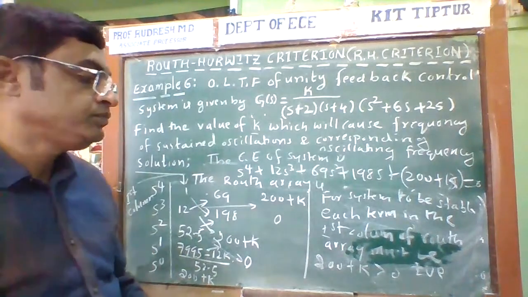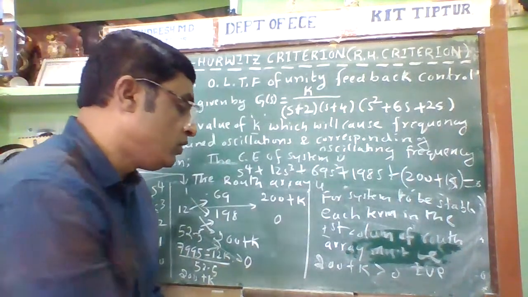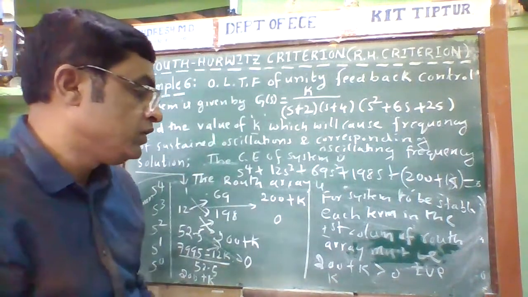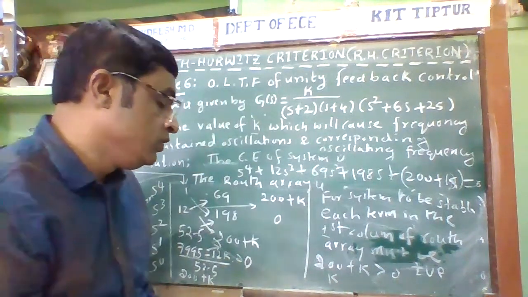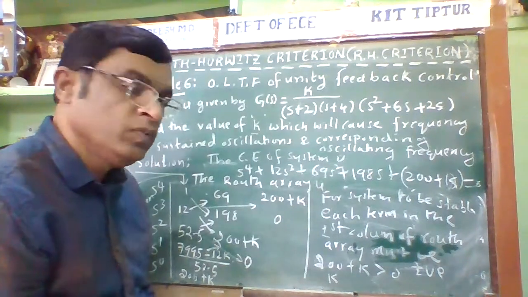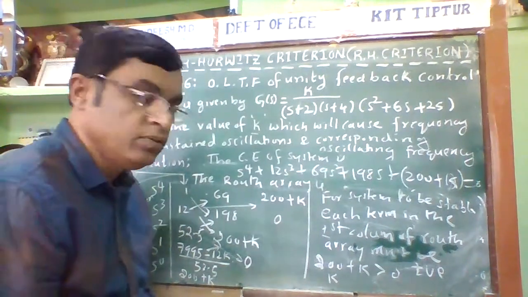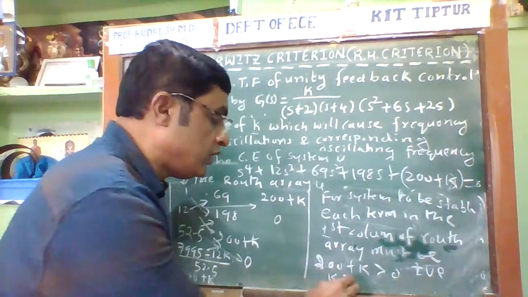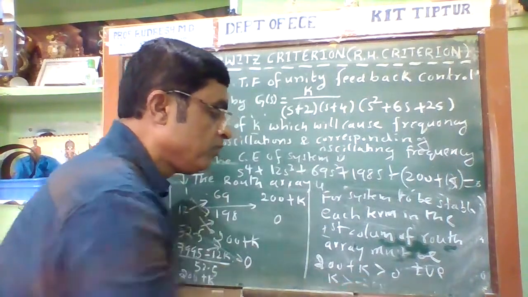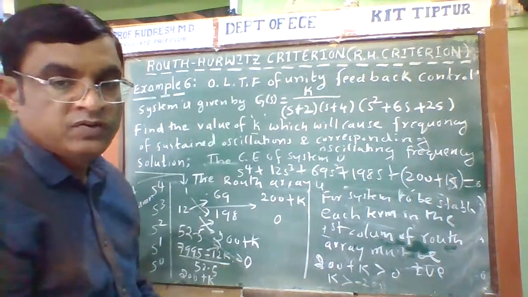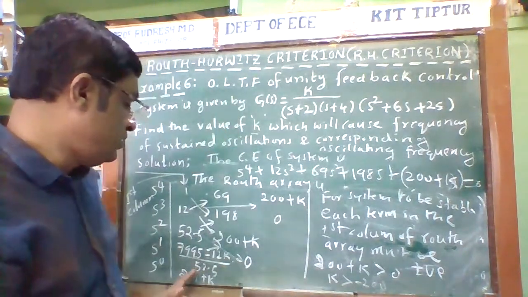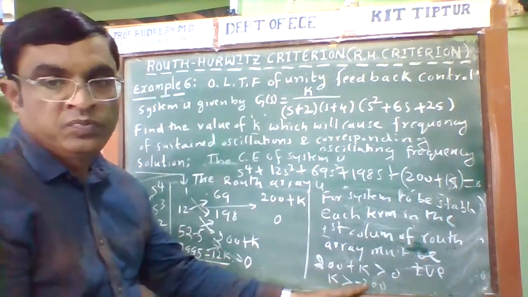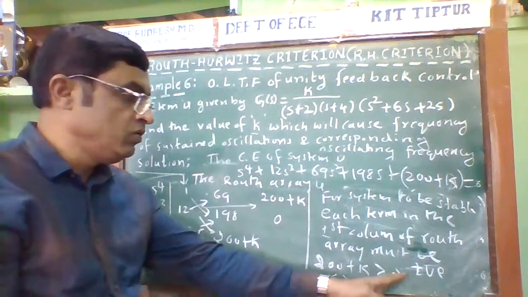Therefore, k is equal to what? The k value must be greater than minus 200. For the system to be stable, each element in the first column must be positive.